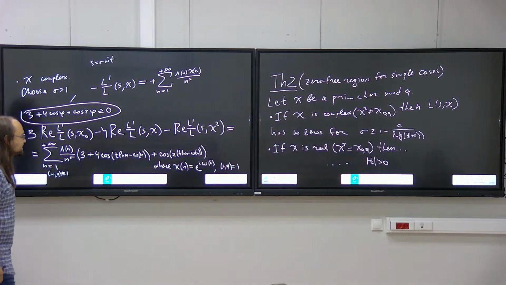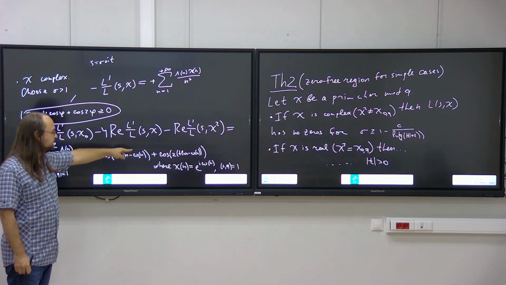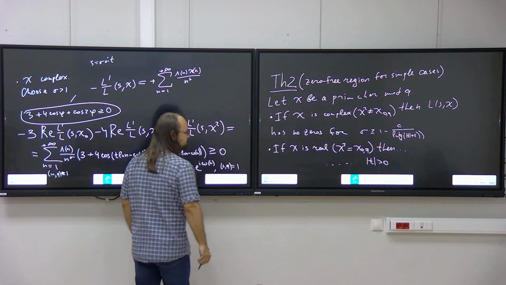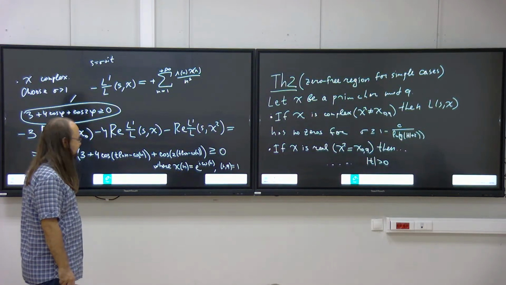Okay, so it is a complex character, so let us look at the argument of its value, and then we take it inside the cosine. So we get that this is 3 plus 4 cosine of something plus cosine of double something, so this is greater than or equal to 0. Correct?